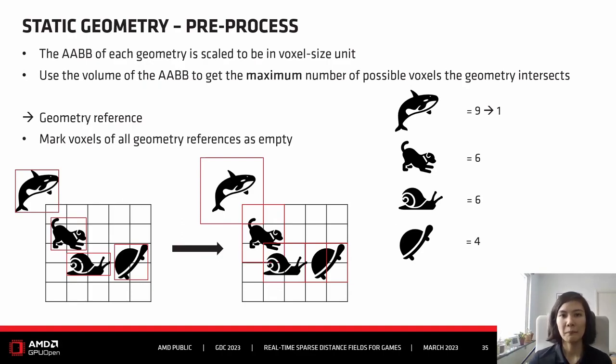For the triangle part, we did verify if this reference was valid. For these geometry references, we just don't verify, we just clear all of them, because verifying would be more expensive than the time we would win by not clearing voxels that actually don't intersect the geometry. So in this way we just clear them and then they will be reconsidered for voxelization during the update.